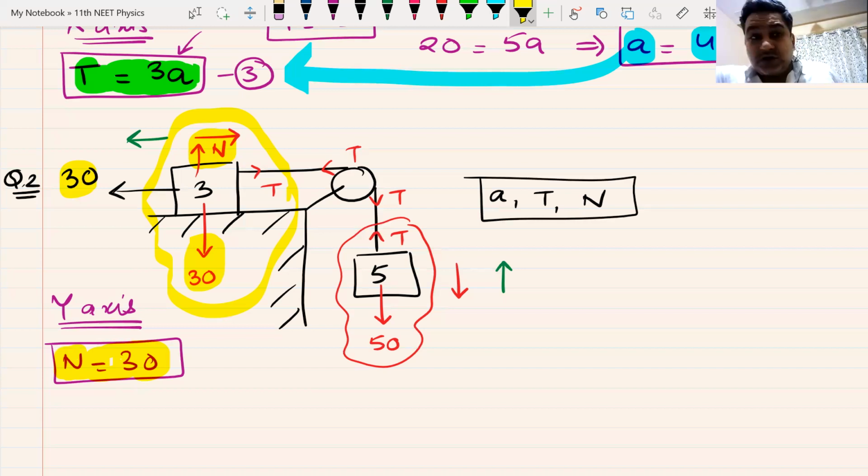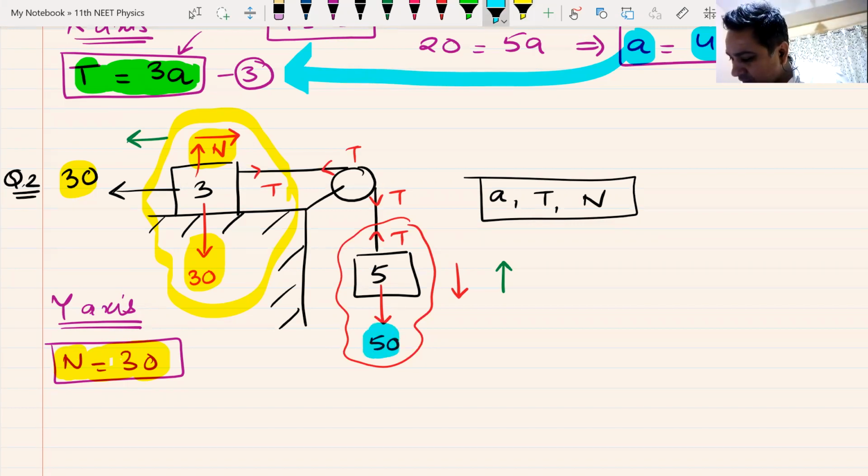I see a force of 30 newtons acting on this block, trying to pull it this side. But there is also a force of 50 newtons, which is trying to pull the 5 kg block downwards.